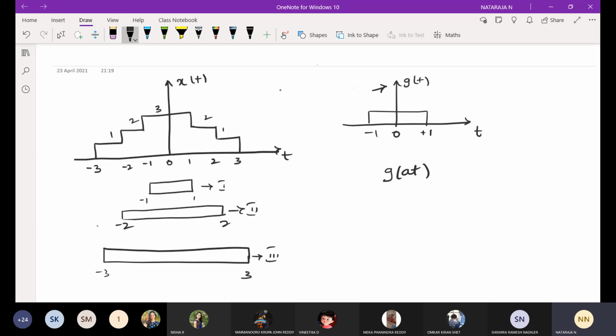Last problem: g of 2t plus g of t plus g of 2 by 3t. Got everyone? Got the solution for the last problem? Yes, sir. Then try for this one.